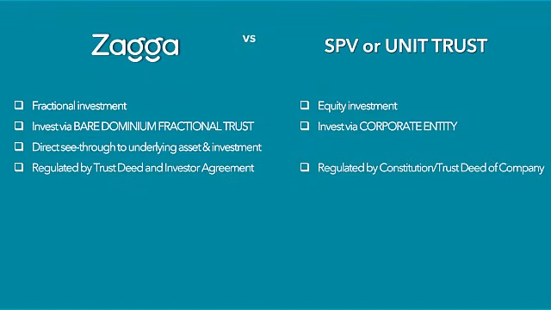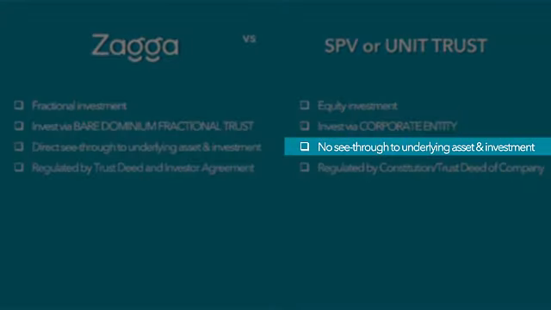So as I said, with the Zagga structure, you have absolute see-through. You can consider this to be a conduit to the underlying security structure, whereas in an SPV or unit trust investment, you would have no see-through rights and you would only have very limited access.